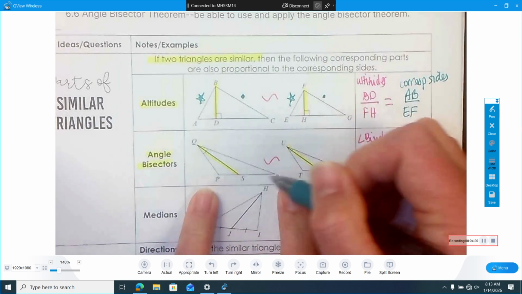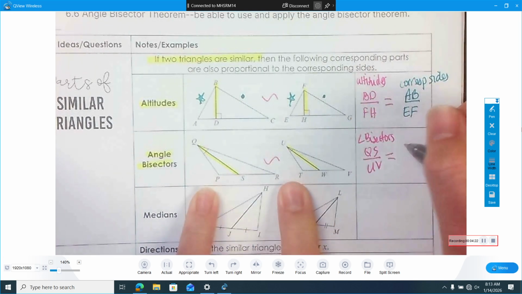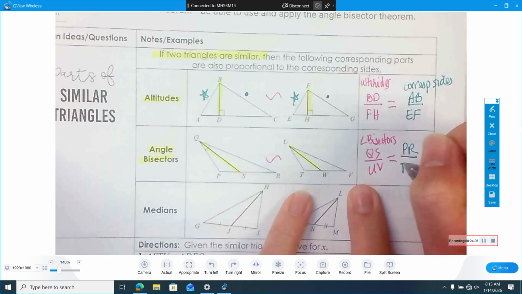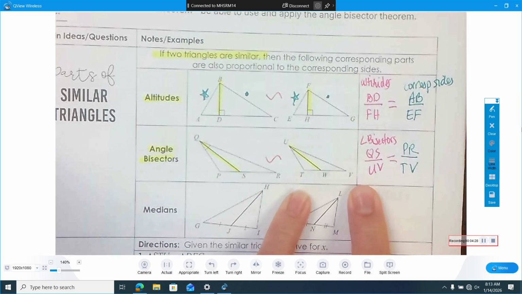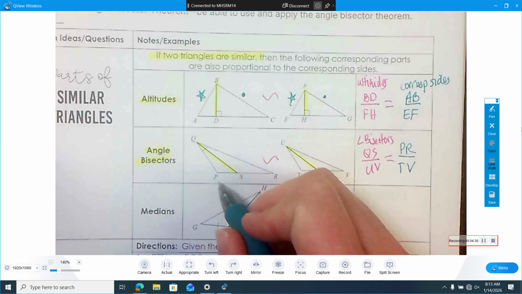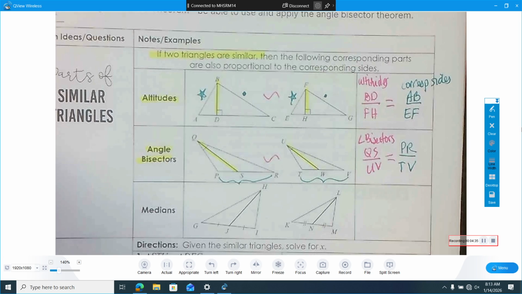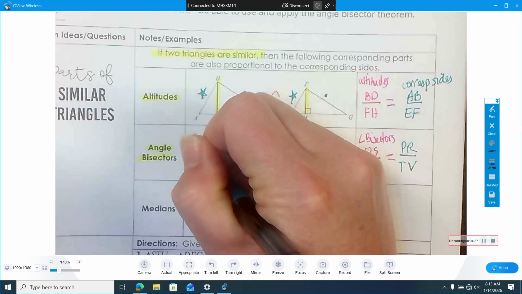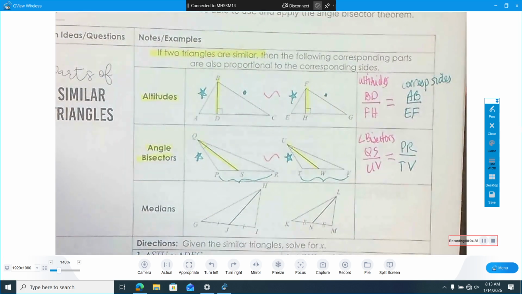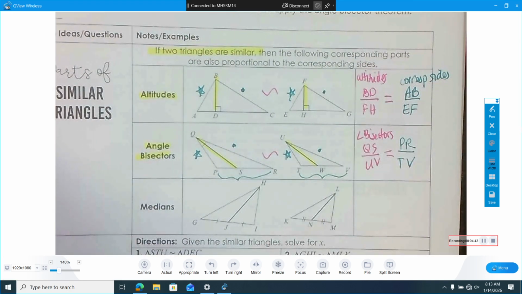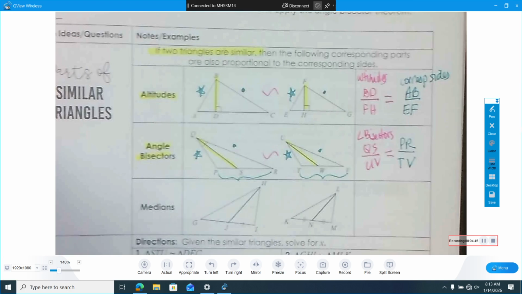Yes, the whole side of the triangle, PR over TV. All right, that's an option. That whole similar side to this whole similar side. And again, we could use other sides as well. We could use QP over UT. We could use QR over UV if we wanted to.